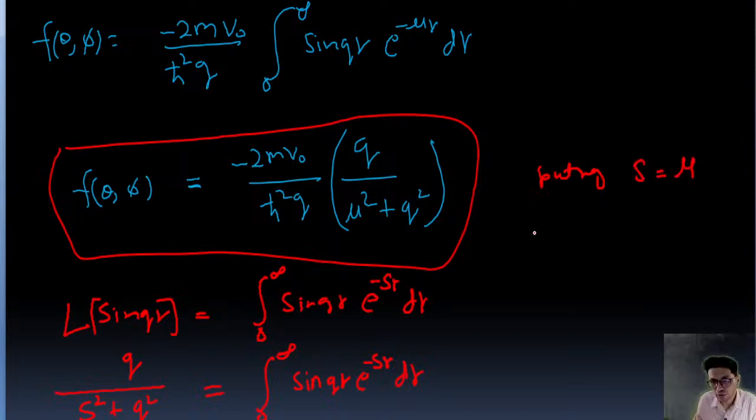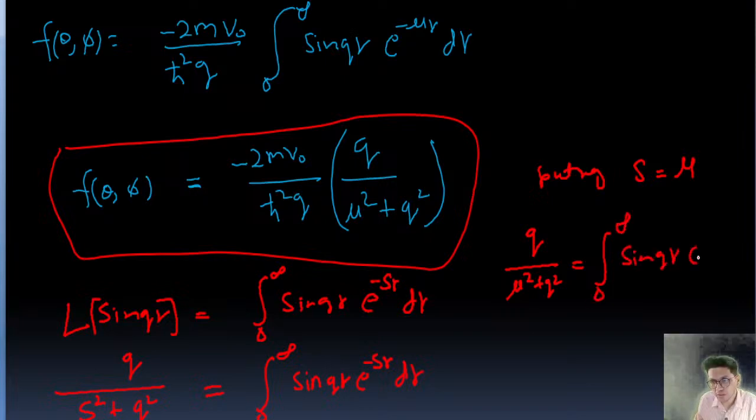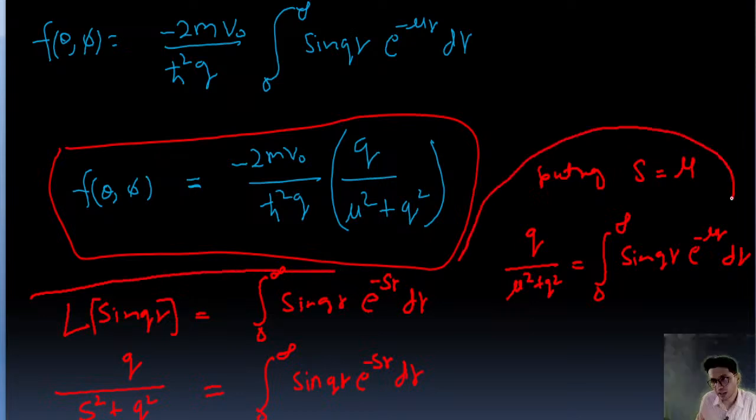Then q upon mu square plus q square equals the integration from 0 to infinity of sin qr e to the power minus mu r dr, right? This value is going to be q upon mu square plus q square. So this is the formula, guys.